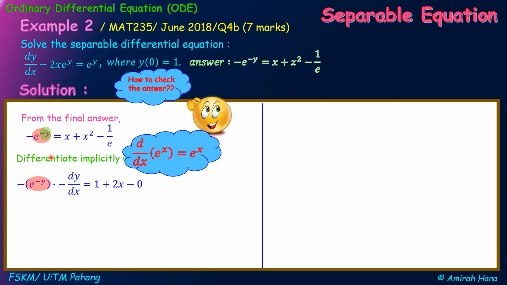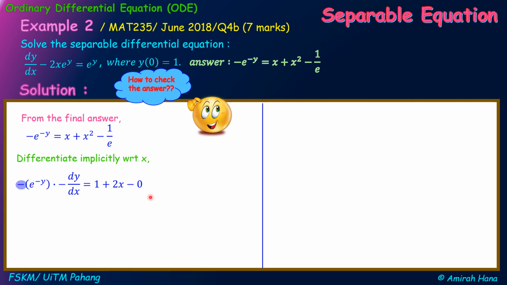When we differentiate negative y, it becomes negative dy over dx. Then we differentiate x, which equals 1. We differentiate x squared using the power rule, which equals 2x. And we differentiate the constant 1 over e, and when we differentiate a constant, it becomes 0.